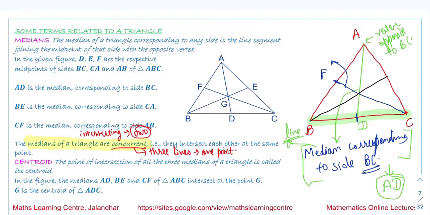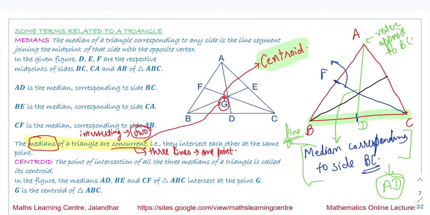So medians are concurrent means that all these three medians meet at the point G. We are calling this point G, and the point where these three medians meet is called the centroid.